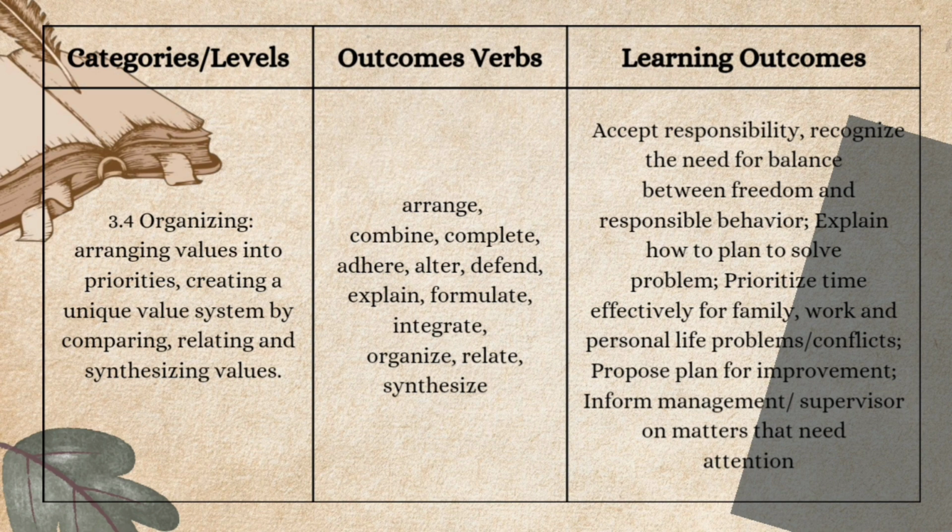Examples: accept responsibility, recognize the need for balance between freedom and responsible behavior, explain how to plan to solve problems, prioritize time effectively for family, work and personal life, resolve problems and conflicts, propose a plan for improvement, inform management or supervisor on matters that need attention.